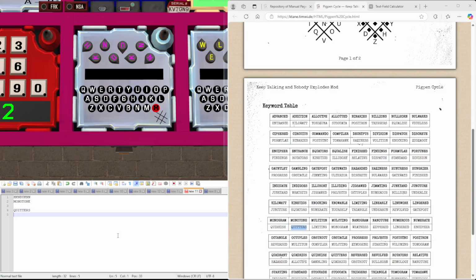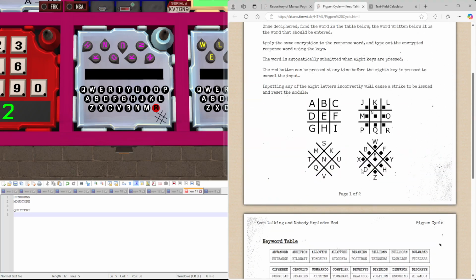And then applying the same encryption. Okay. So Q, we need to rotate around 180 clockwise, then one more. That'll be that, till we get to there, and then one more. Get to F.